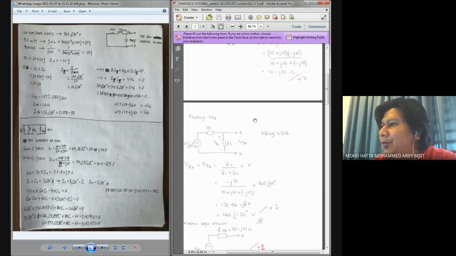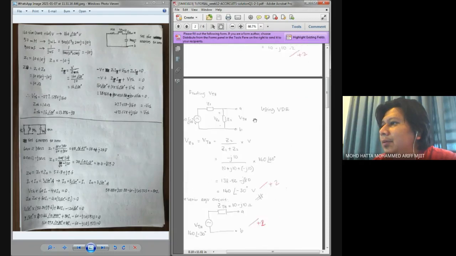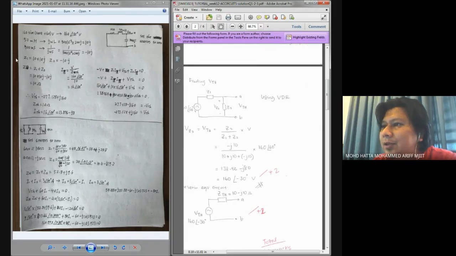Sorry, not ZTH, VTH. All right, finding the VTH, of course, here I believe it is wrong, because your ZTH is already wrong over here, which means that the rest of the calculation should be incorrect.